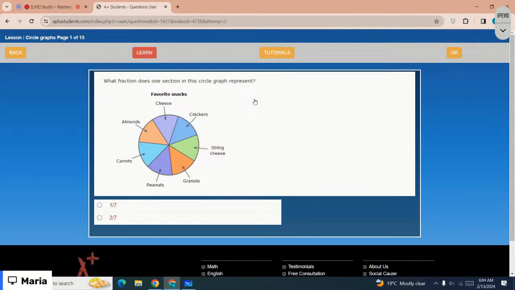So which is the correct option? Yes, the graph has total 7 portions, so each section is worth 1 over 7. The correct option is 1 over 7, right? Option 1 is the correct option.